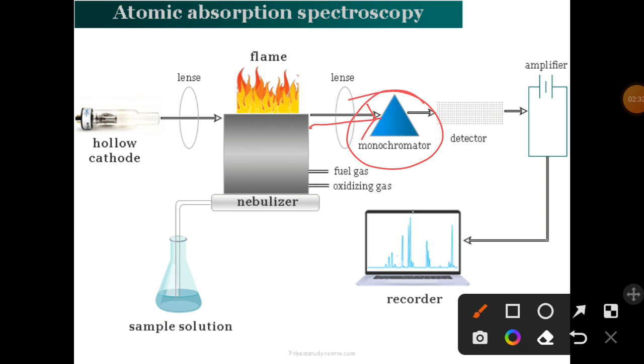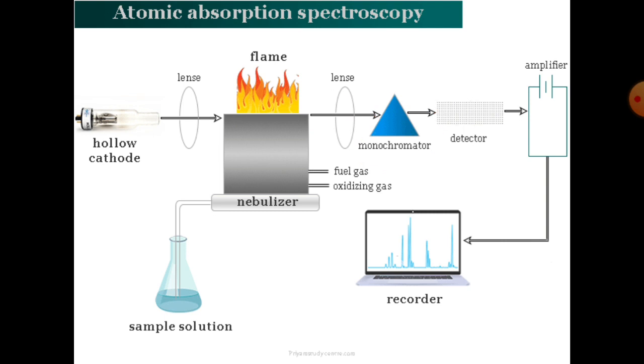Now you may ask, what is the utility of using a monochromator? So remember that from every kind of light source, the light usually comes in a polychromatic manner. That means it consists of electromagnetic radiation of various wavelengths. And for doing spectroscopic analysis we need to choose only one kind of wavelength.